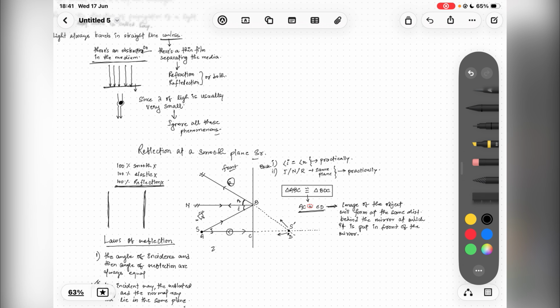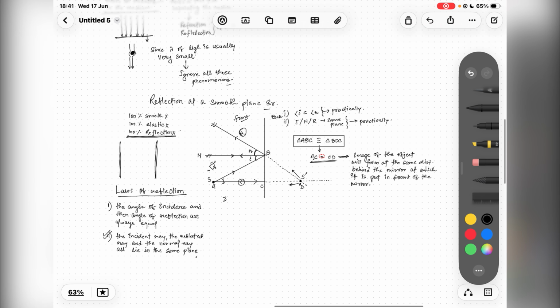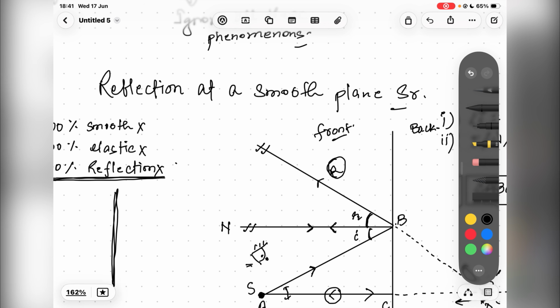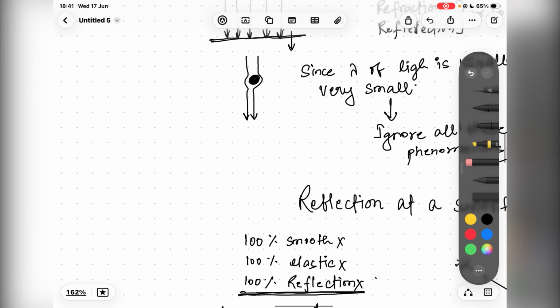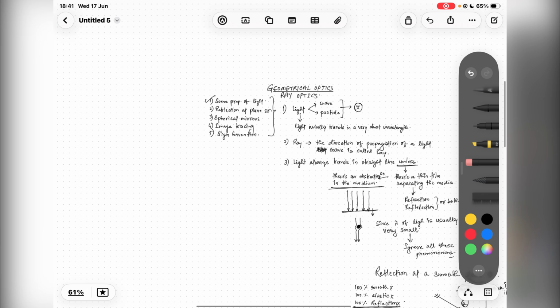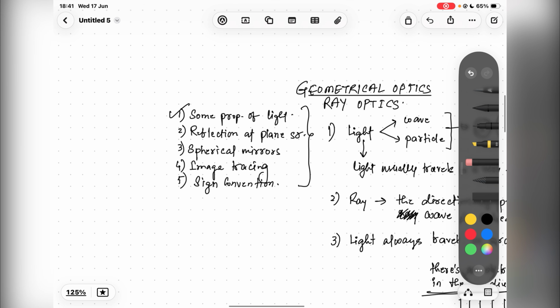So this was all in reflection at a smooth plane surface. So we have covered reflection at a smooth plane surface.